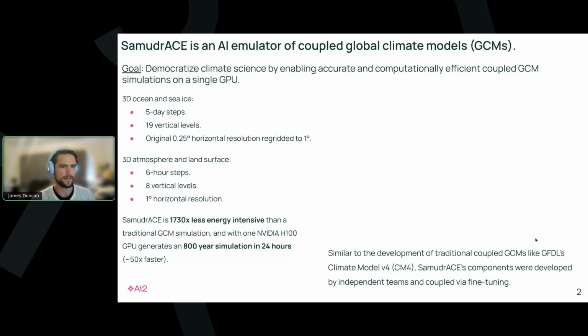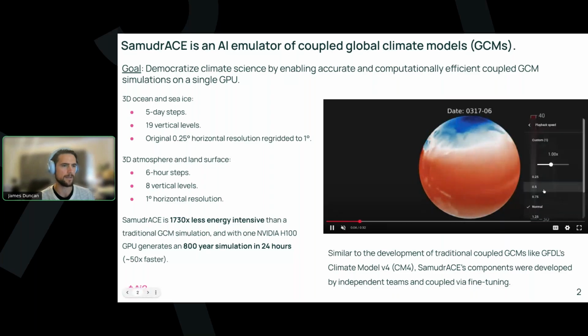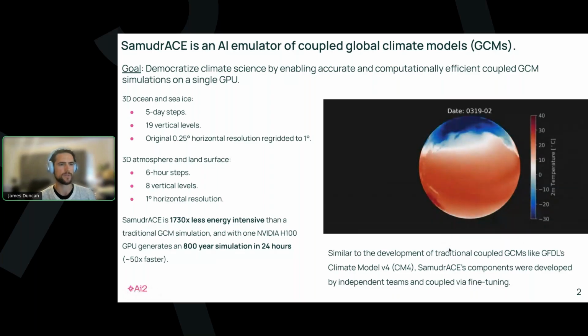So yeah, I'd like to start this talk off with just a little bit of eye candy. In this video, I'm showing a single output field, 2-meter air temperature, from Samudrace. You can see that Samudrace is actually able to simulate the global atmosphere in this way, as well as many other fields.